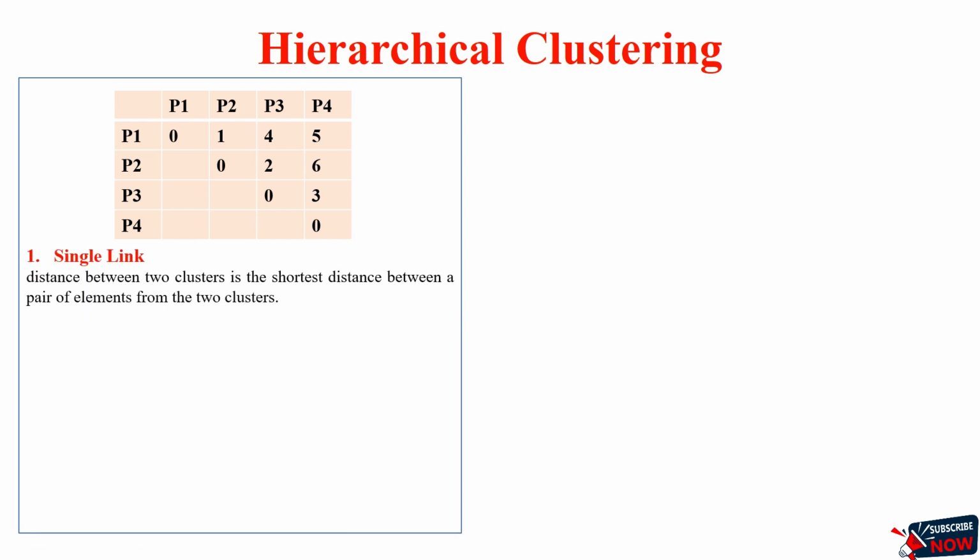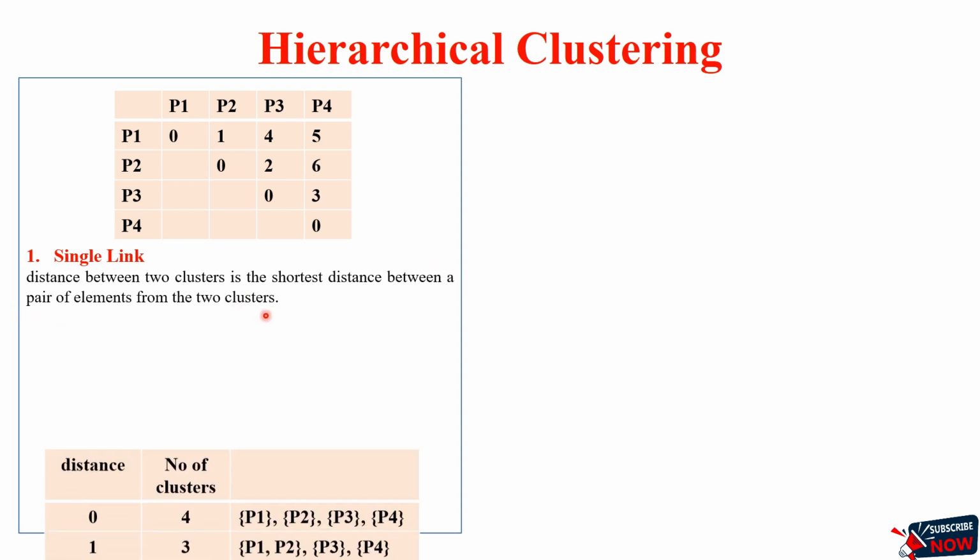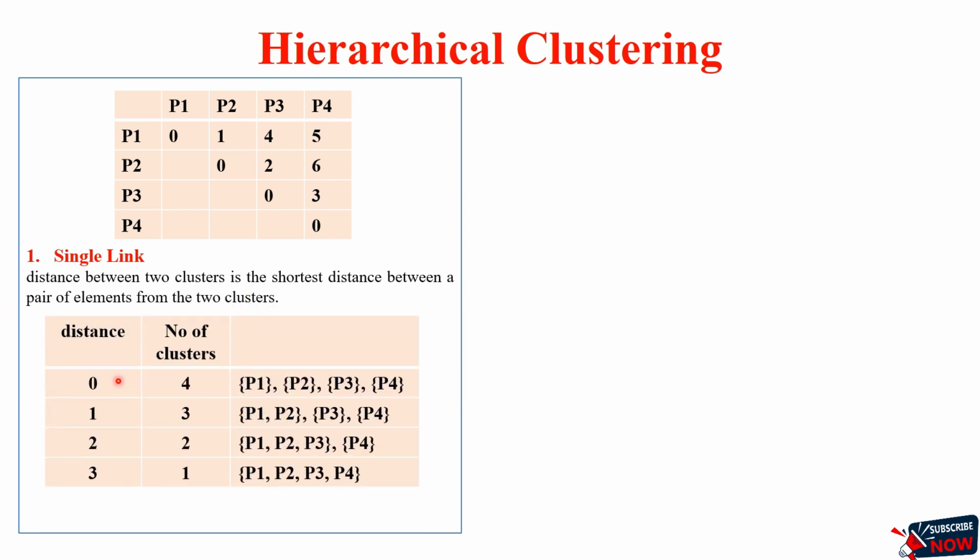For single link, the distance between two clusters is the shortest distance between a pair of elements from the two clusters. When the distance is 0, there will be 4 separate clusters. When the distance is 1, points P1 and P2 are within this threshold, so we can merge P1 and P2 as a single cluster.